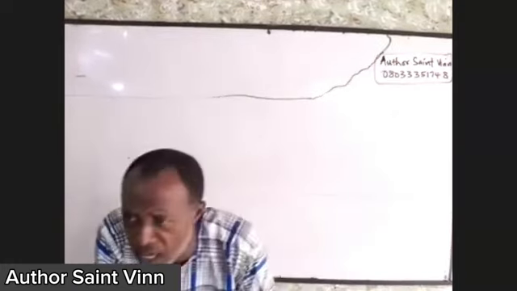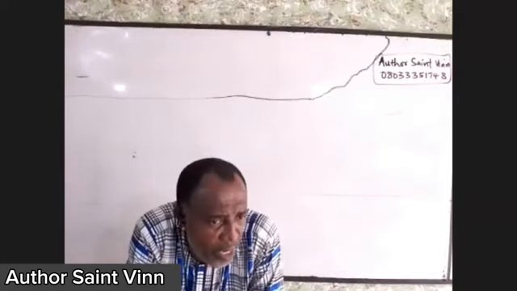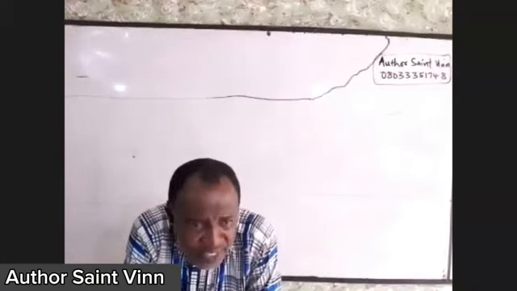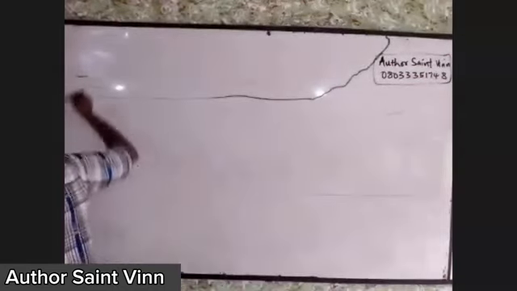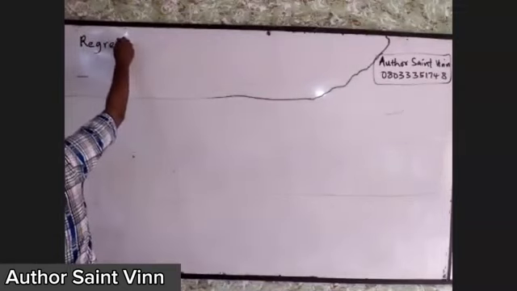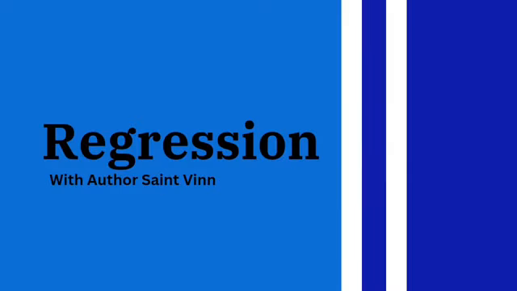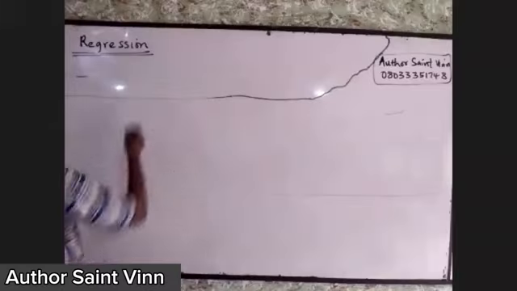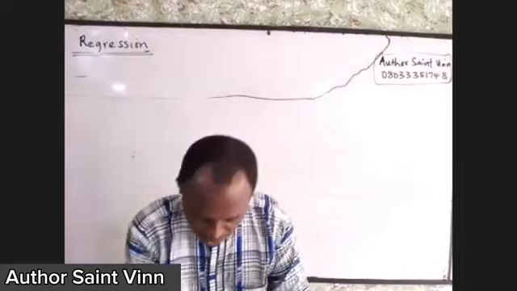Welcome to this segment. Last time we met, we talked about correlation, and I believe that was clear. Today we are looking at regression, because correlation and regression are related but not the same.